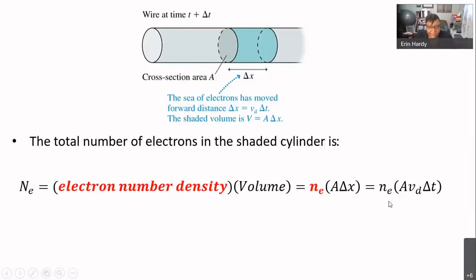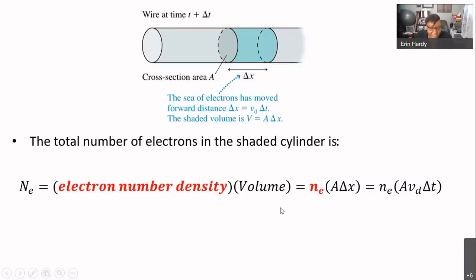So it's not immediately obvious when you first look at this, but the product of this electron density, area, drift speed, and a time will just get you a number. So everything is going to cancel out. We have our area multiplied by the distance, the delta x that exists in our expression for V sub d.